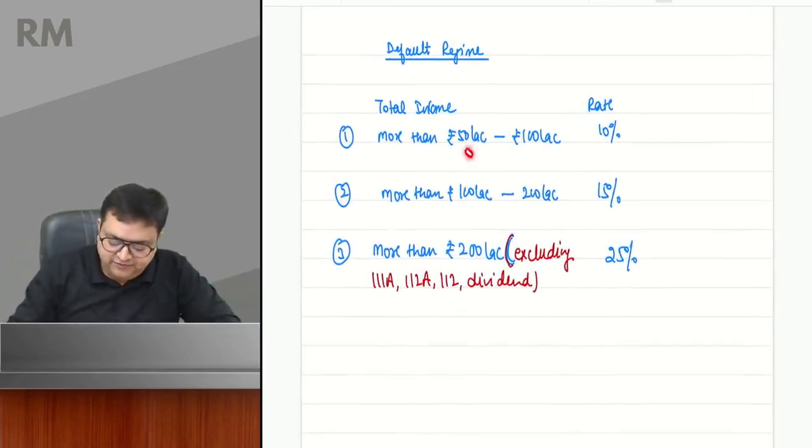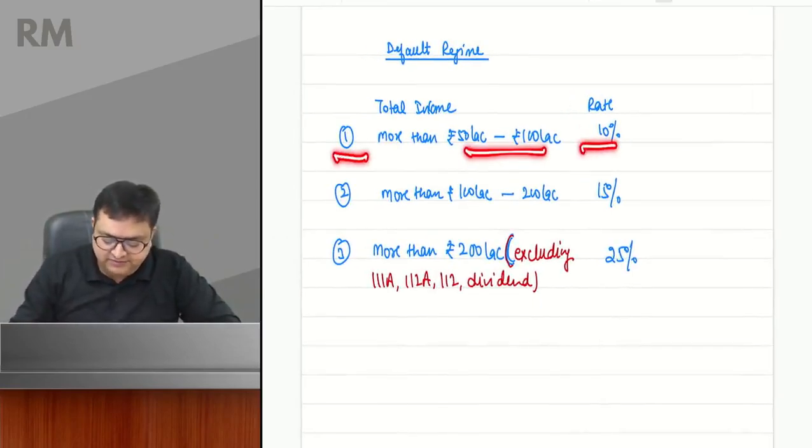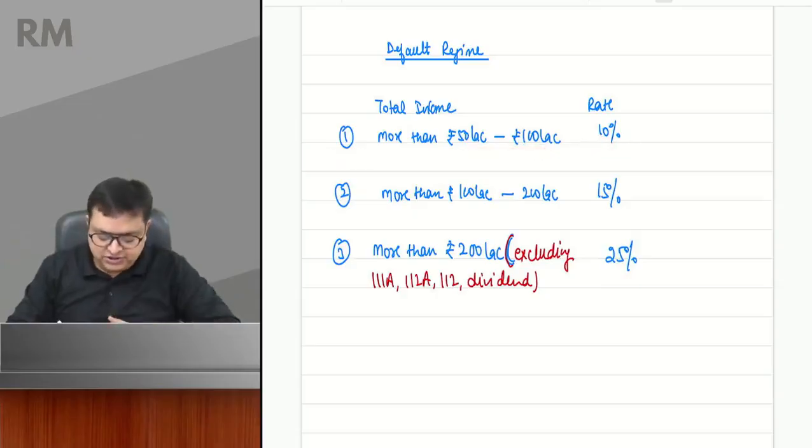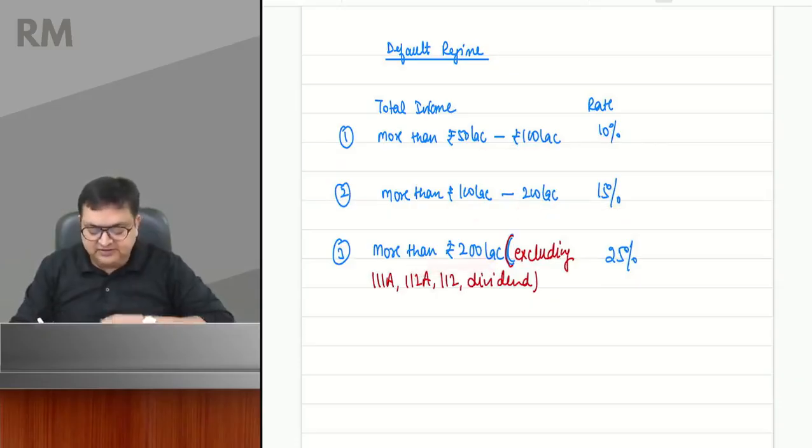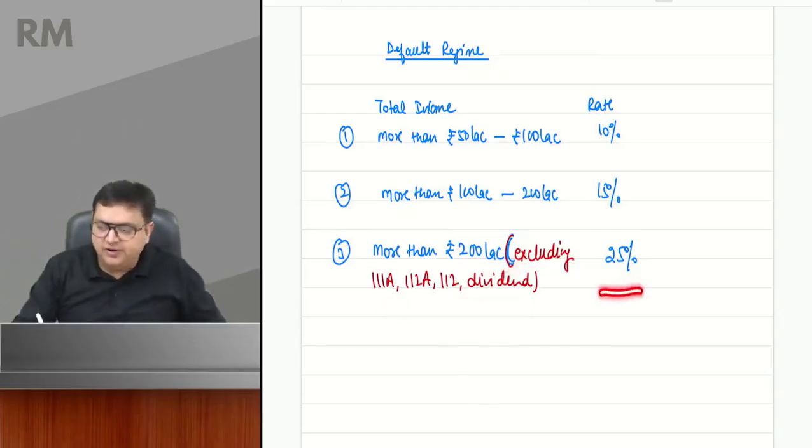So if it is more than 50 lakh to 1 crore, first level, 10%. If the assessee is more rich, then more than 1 crore to 2 crores, 15%. If the assessee is ultra rich, he is earning more than 2 crores, excluding these, then 25%.